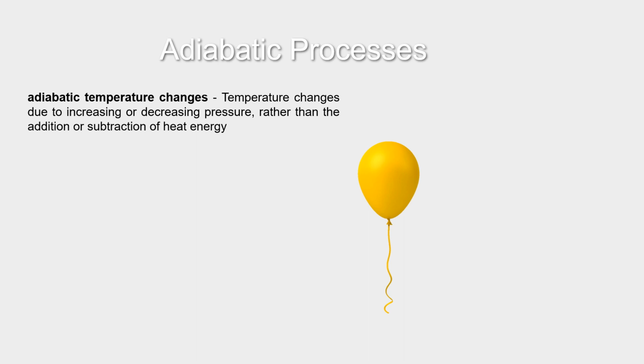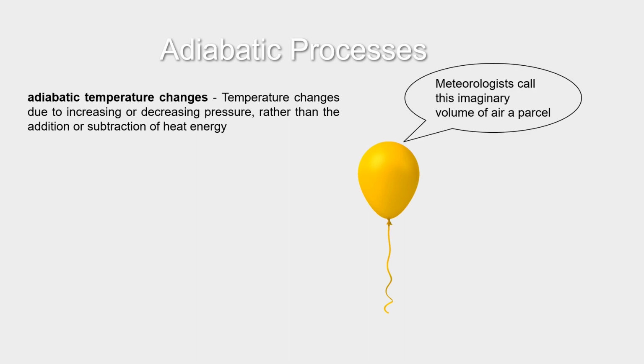So you can see a balloon here. Let's say that this balloon is a parcel of air. To give an example for our adiabatic processes, meteorologists call this imaginary volume of air a parcel. So inside the balloon, there is a volume of air, right?